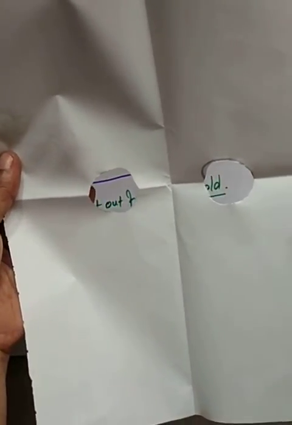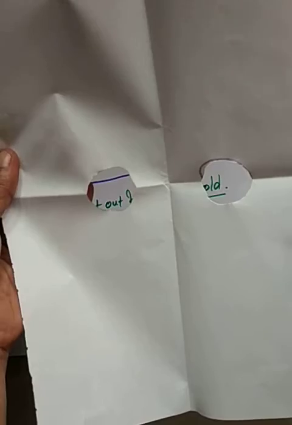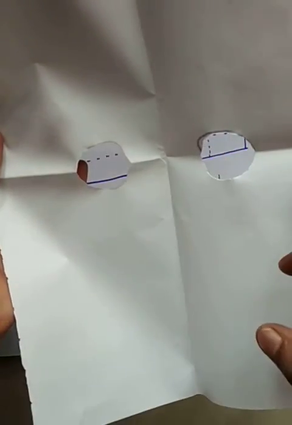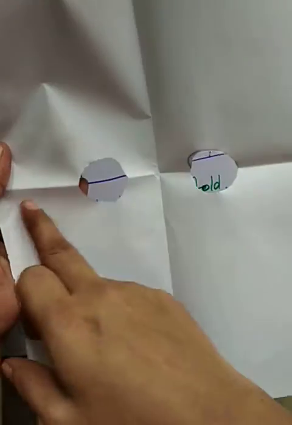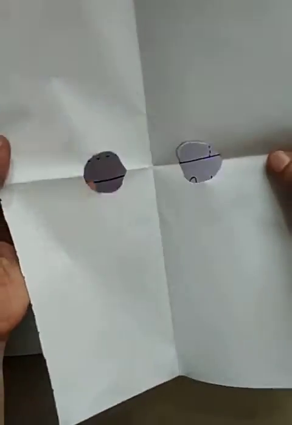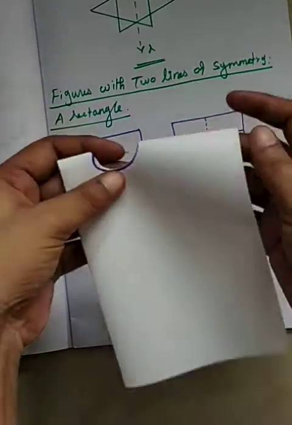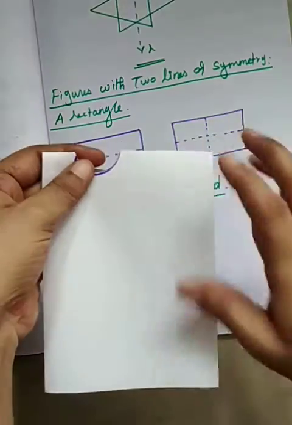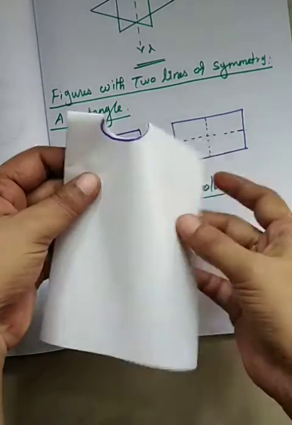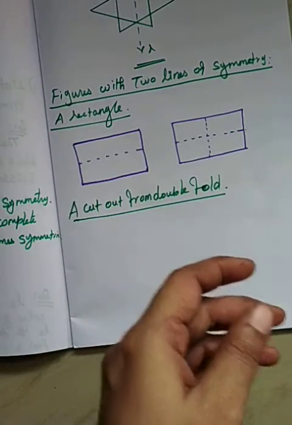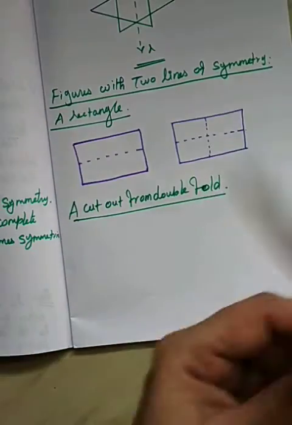How many lines of symmetry does the shape that has been cut out have? See here, 1 in this, 2, and then here 1, 2, 3, 4. Okay, see the next one. Take another paper.